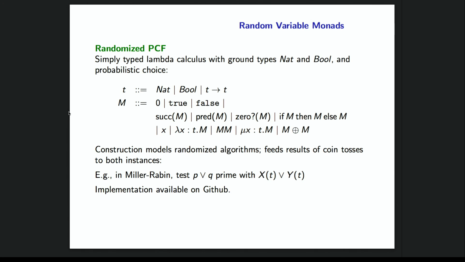And he implemented this, and in fact there's an implementation on GitHub, and it works. It's really nice. It gives you a nice model. And this is what Dana was really hinting at, the idea that this stochastic lambda calculus could give you some way to model randomized algorithms in this domain theoretic approach.